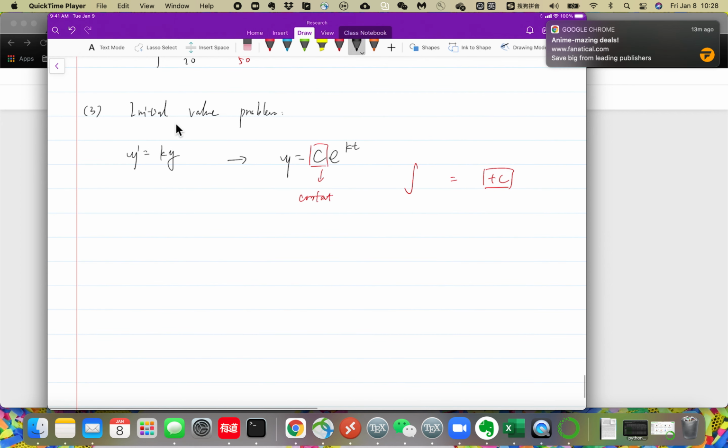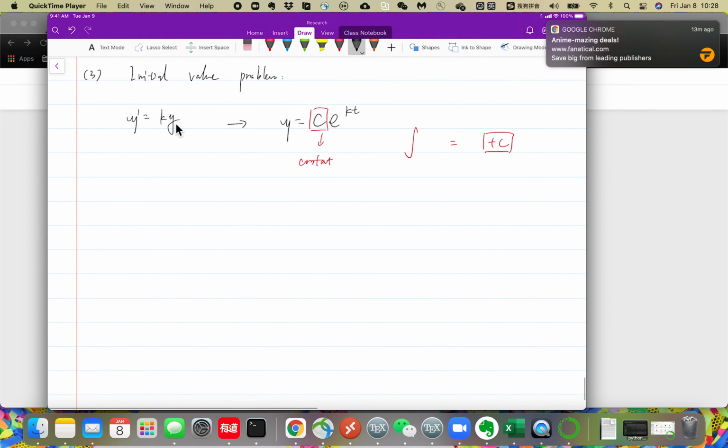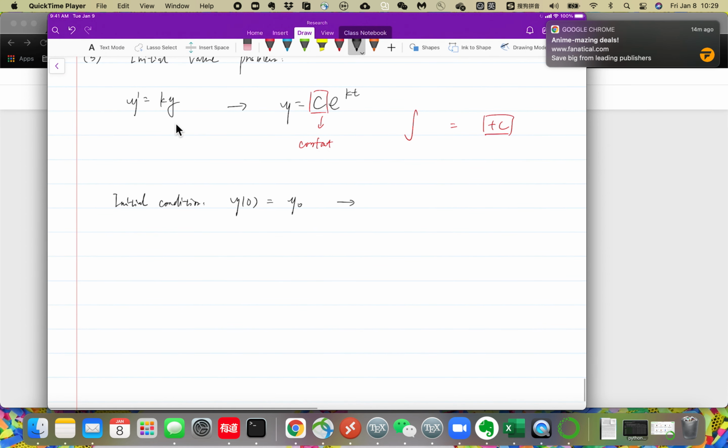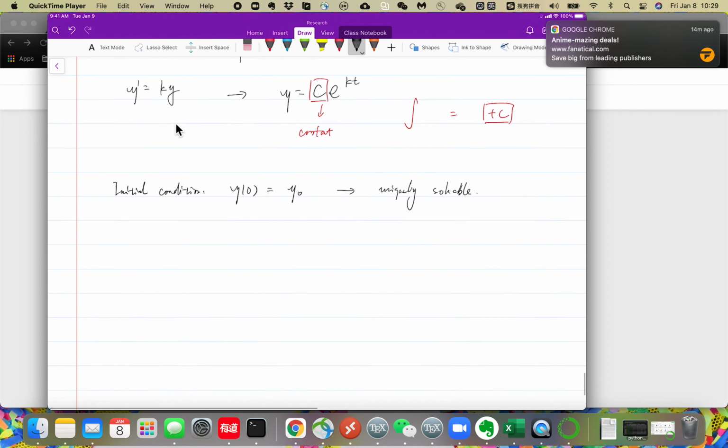Now, how do you fix this plus c? Well, you simply add one more condition. Usually we call it the initial condition because it's usually given at time 0, like the y0 equals 200 we said before. Once you have this condition, the differential equation becomes uniquely solvable. Basically it means there's no constant that can vary.